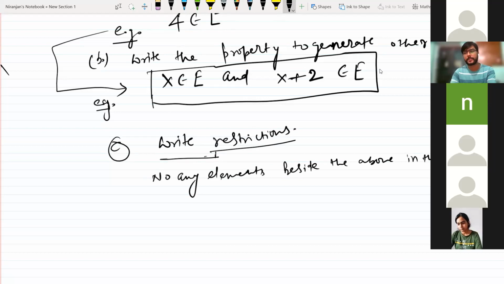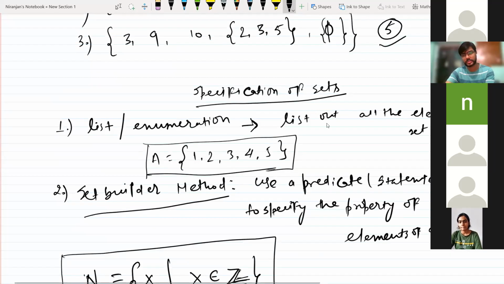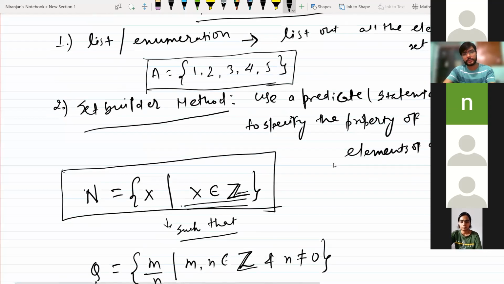So we talked about three methods. Let's go again. First method is list or enumeration. You list out all the elements of the set, and this only works when you have a finite number of elements in the set. Second method is set builder notation. We are going to use this frequently, and you will also use it in your curriculum.